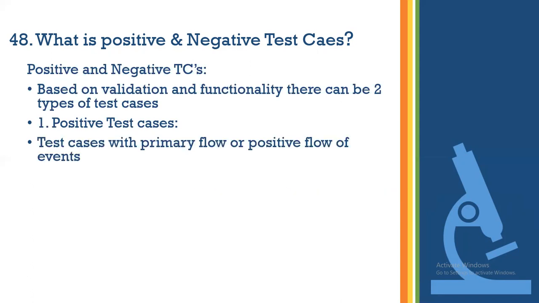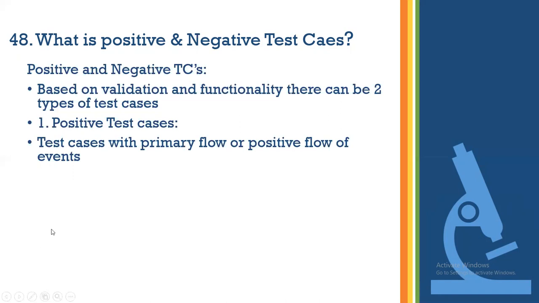How can we define that? Test cases with primary flow or positive flow of events. Primary flow means how the client wants to do the transaction, for the application to complete successfully. In such a way you derive the test cases with the expectation of a successful transaction.